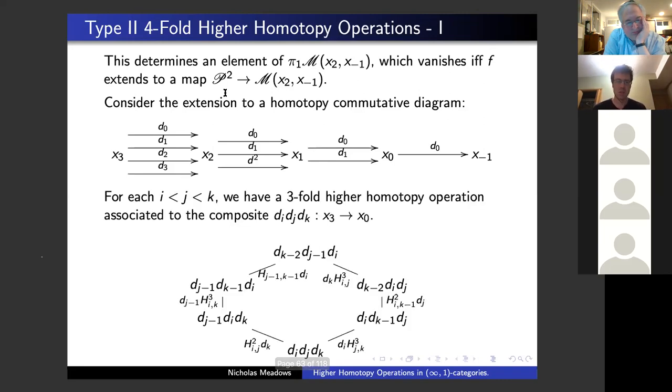So for each i < j < k, we have a threefold higher homotopy operation associated to the composite d_i d_j d_k. And this is a map from the boundary of a 2-permutahedron to this space of maps, which is specified by arranging all these homotopies together, like so. And it's defined analogously to the previous one that I talked about on the previous slide.